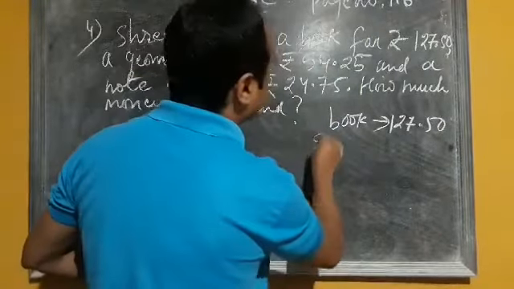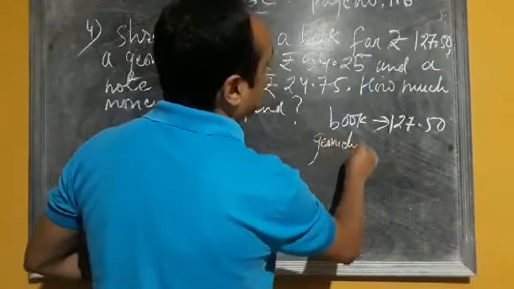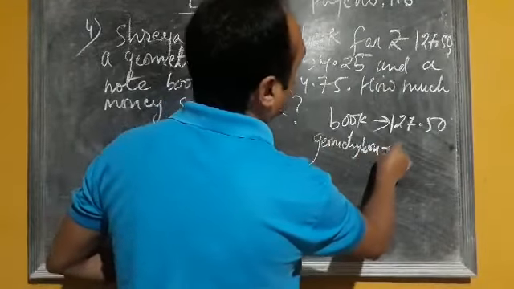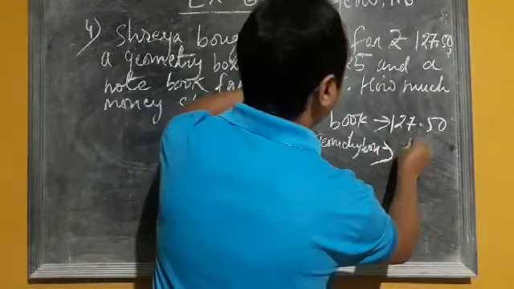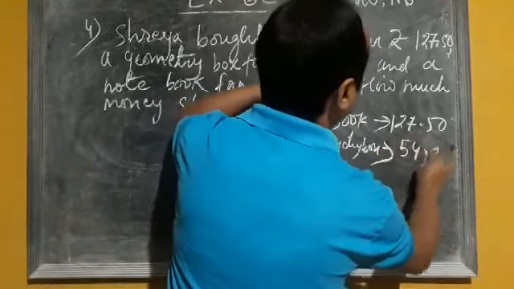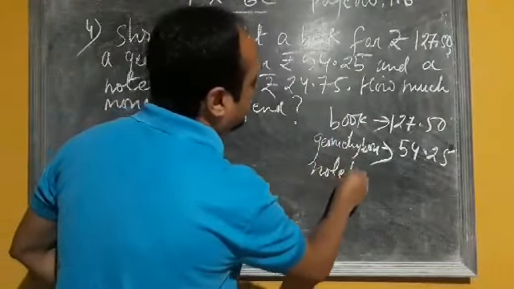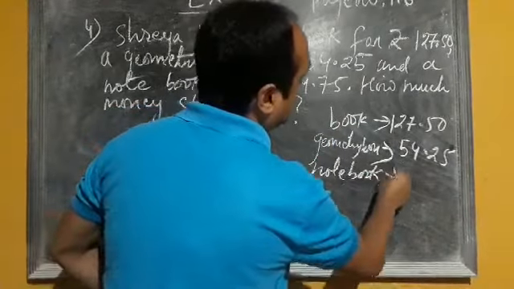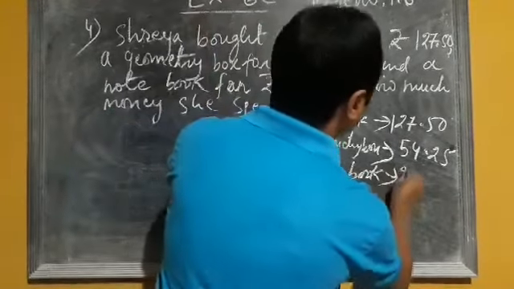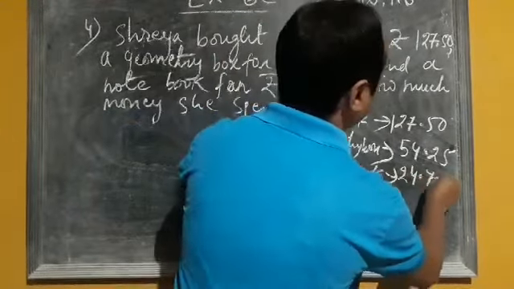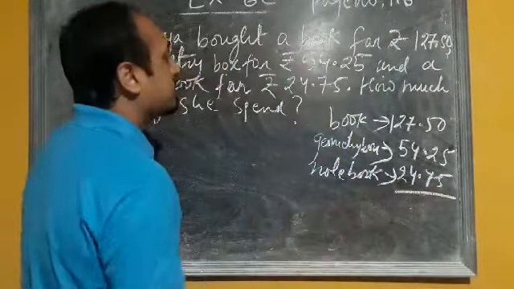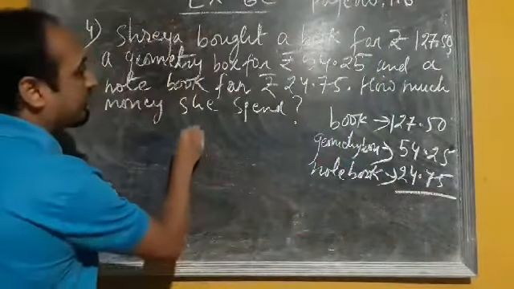Geometry box, she spent how much rupees? 54.25. And for notebook, what is the total expenditure? 24.75. So we will add that.